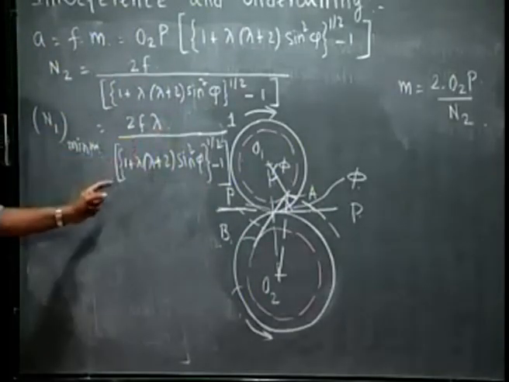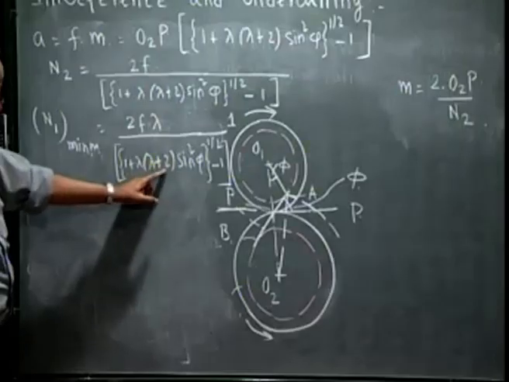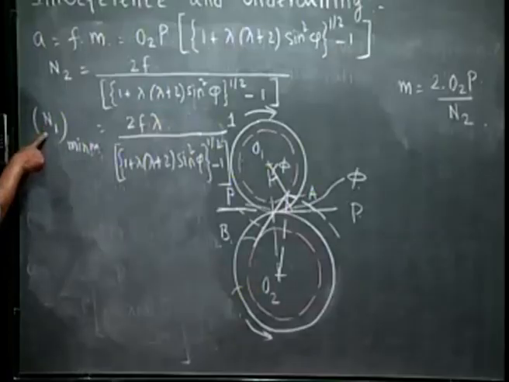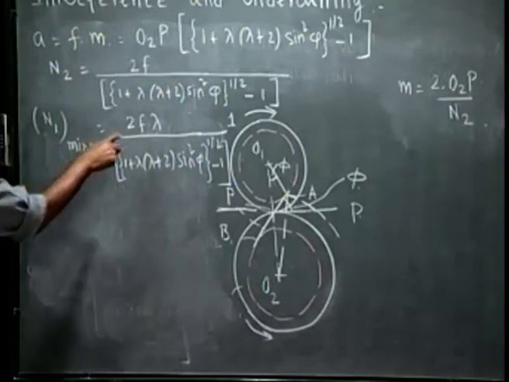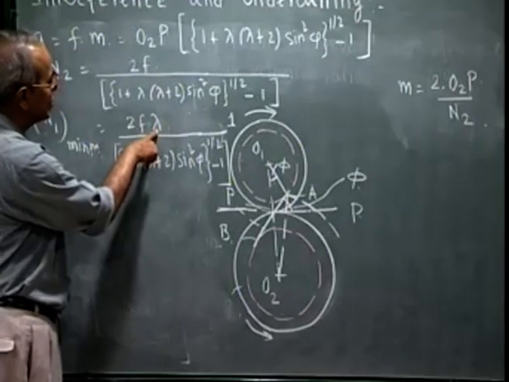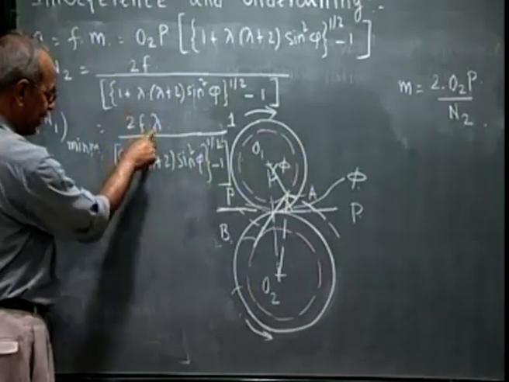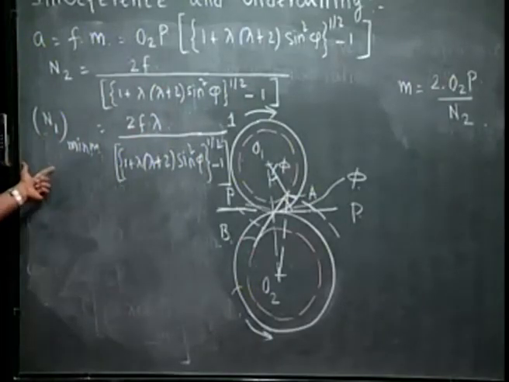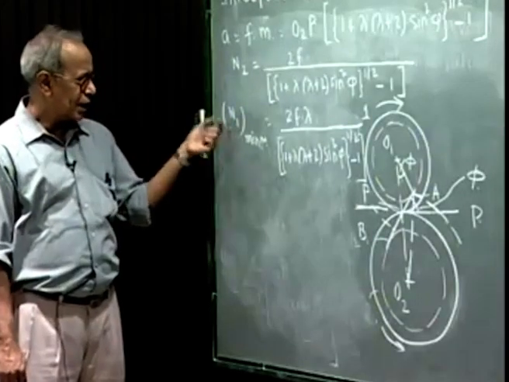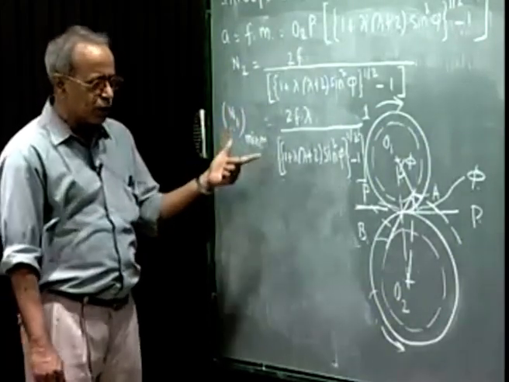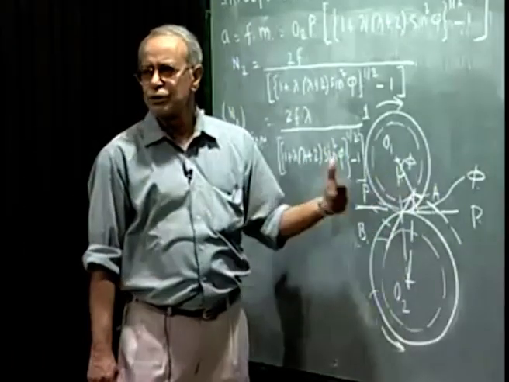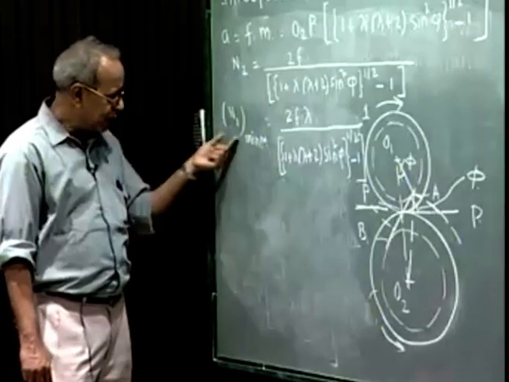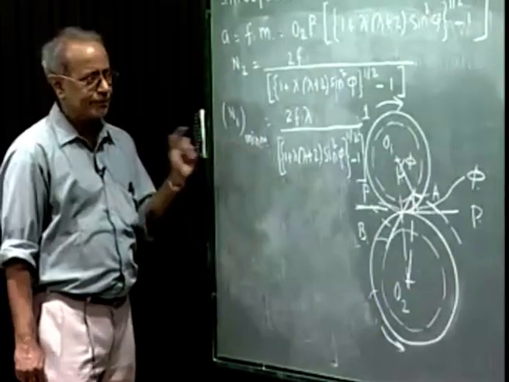Two F lambda divided by 1 plus lambda into lambda plus 2 sine squared phi, this whole thing to the power half minus 1. So, this is the minimum number of teeth required to avoid interference while transmitting an angular velocity ratio lambda, and lambda as we have defined is always less than 1. So, this is how we get the minimum number of teeth to just avoid interference. N1 at least should be this much. If N1 is more, then the teeth will be smaller, so there will be no problem. This is just when the interference starts. So, N1 should be more than this N1 minimum.